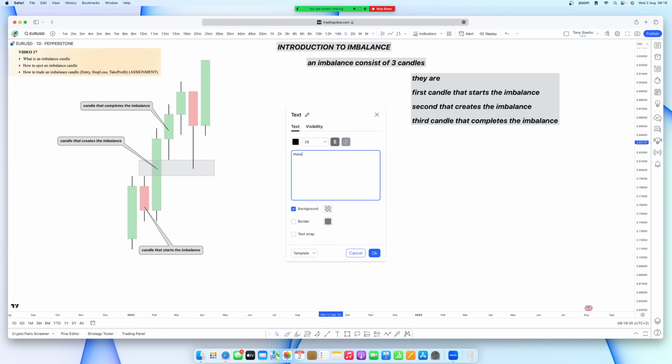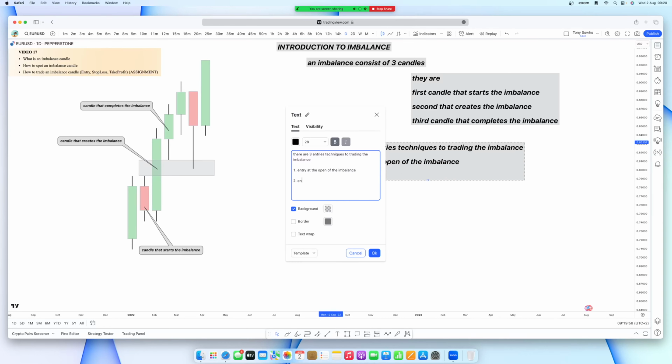Okay, there are three techniques to trading the imbalance. Number one, entry at the open of the imbalance.